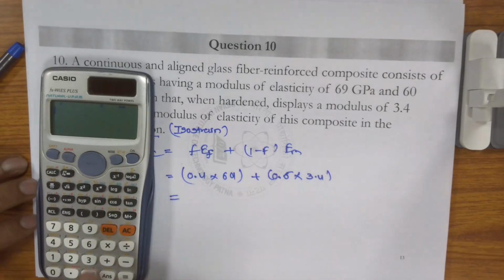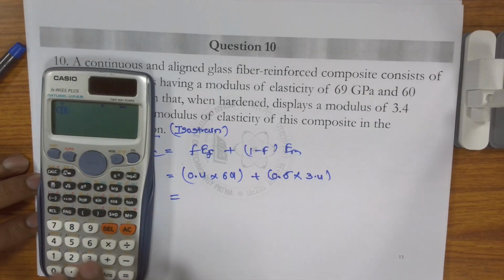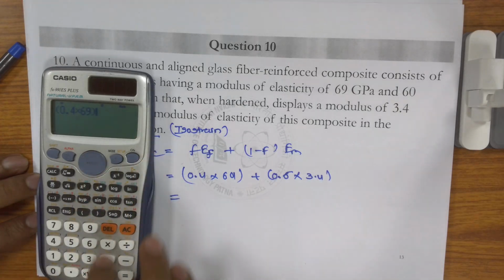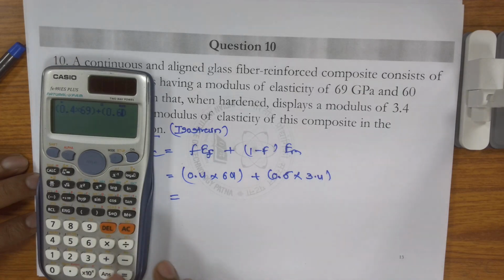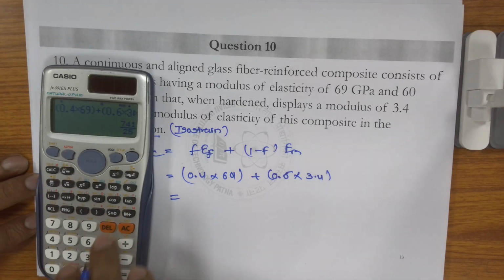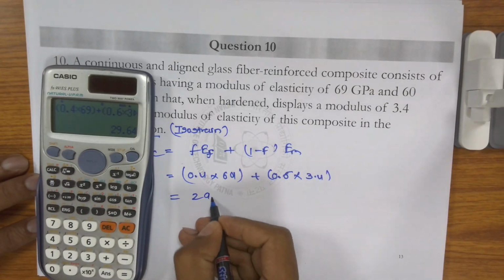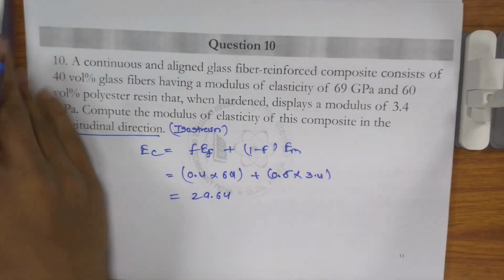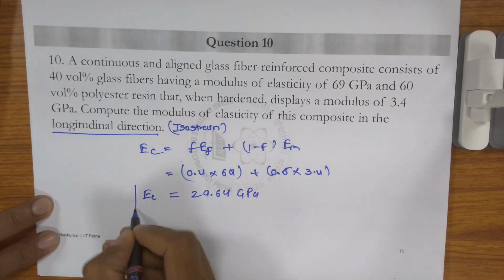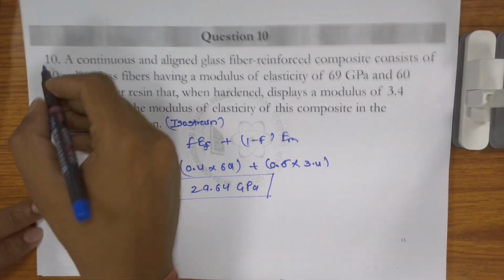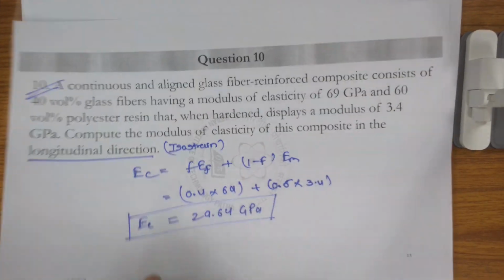Let's do it. 29.64. The unit will be the same, GPa. Okay, so with that we have solved this question number 10. It was more or less similar to the last question which we have solved. Let's move to question number 11.